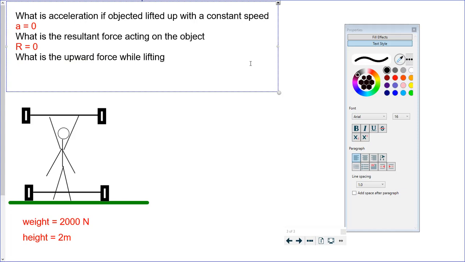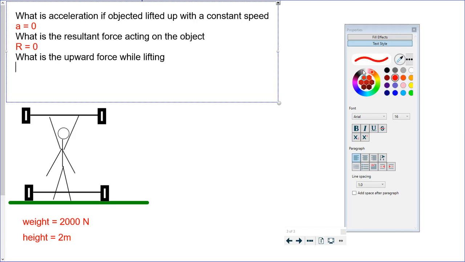So how much force should act upward to lift it with a constant speed? That's right, Aisel. Fatma, what should be the upward force? As the weight is downward, the upward force is 2000 Newton. That's very good. So upward force is 2000 Newton.